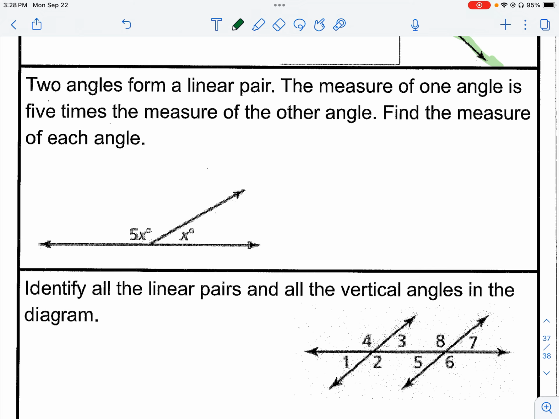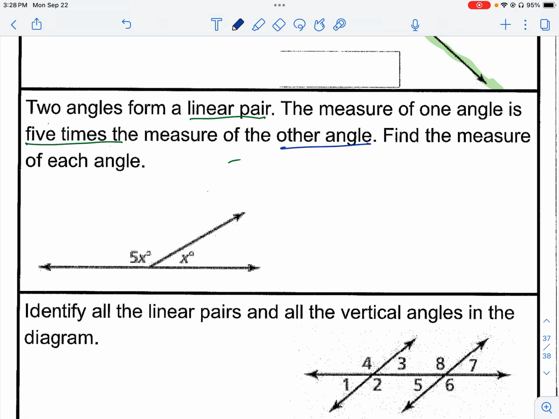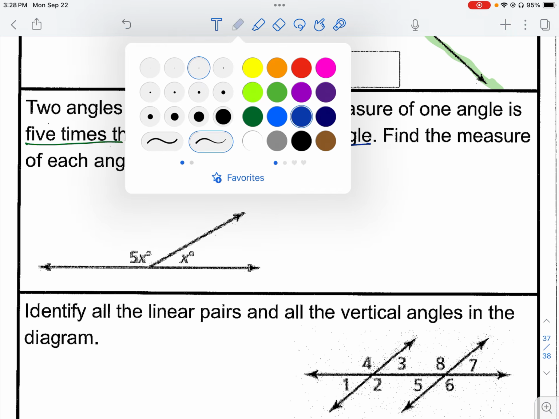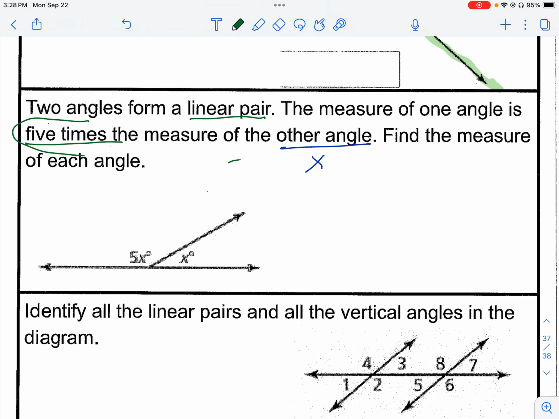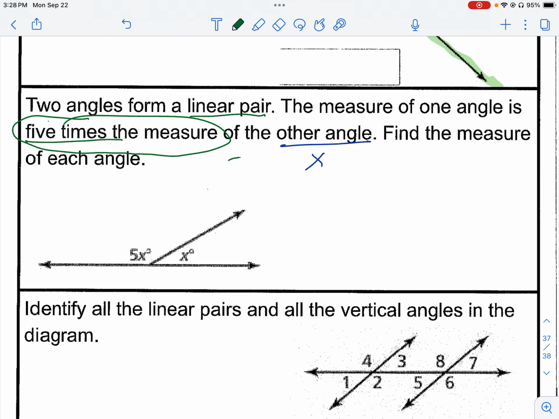All right, this one we got a little creative. Two angles form a linear pair. So that means their measures add up to 180 degrees. The measure of one angle is 5 times the measure of the other angle. We don't know what this angle is, so we're going to call this angle x. Well, we know that this is 5 times the measure of this, so that's going to be 5x.